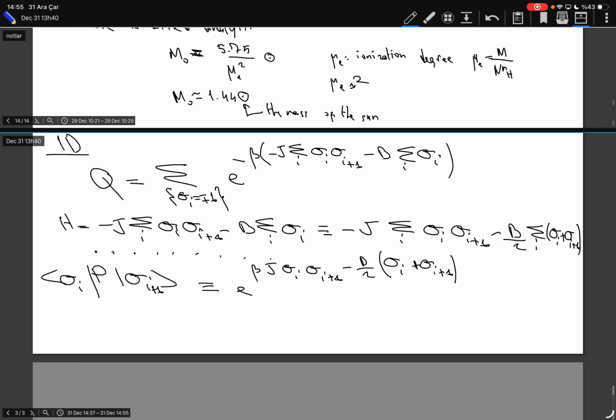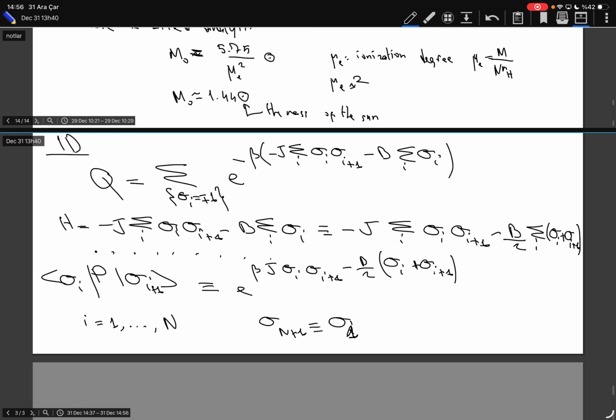Now, I will also assume I goes from 1 to n. I have n spins such that sigma n plus 1 I define as sigma 1. And each possible set of sigma I will give me a new state.